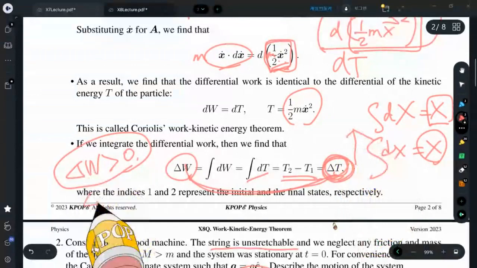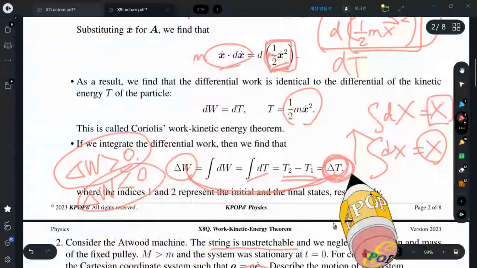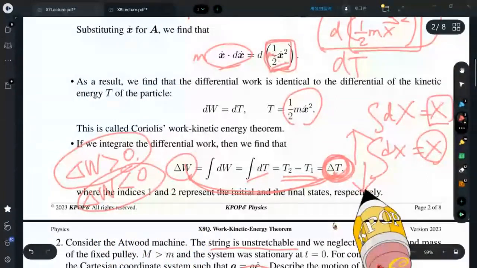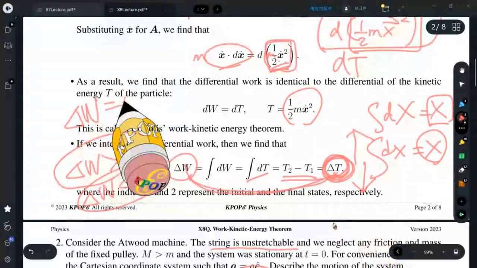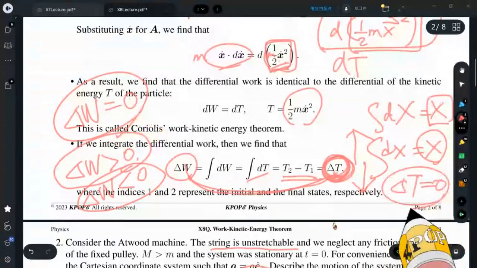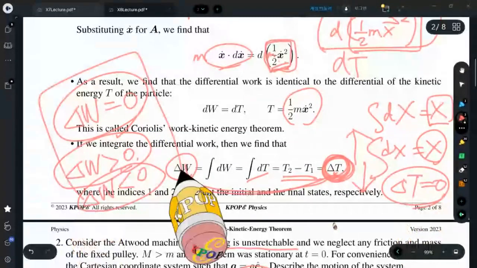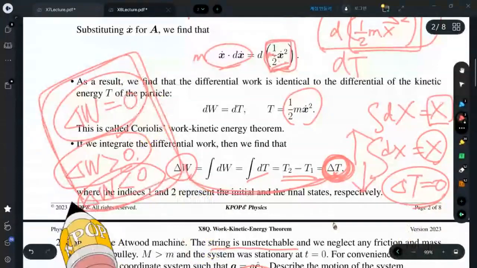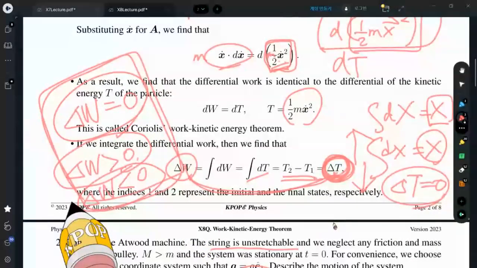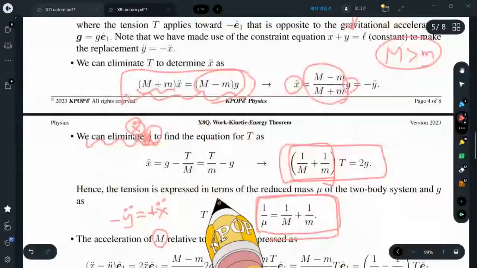If you carry out work in the negative sense, then kinetic energy will decrease. If you do no work anymore, then the change in kinetic energy is 0, so kinetic energy must be invariant. You need to check what force contributes to the work, and that results in the change in the kinetic energy. That is the next thing we need to consider.